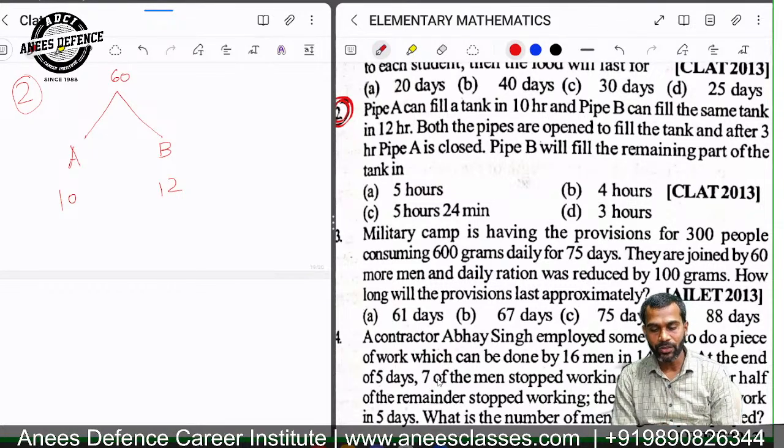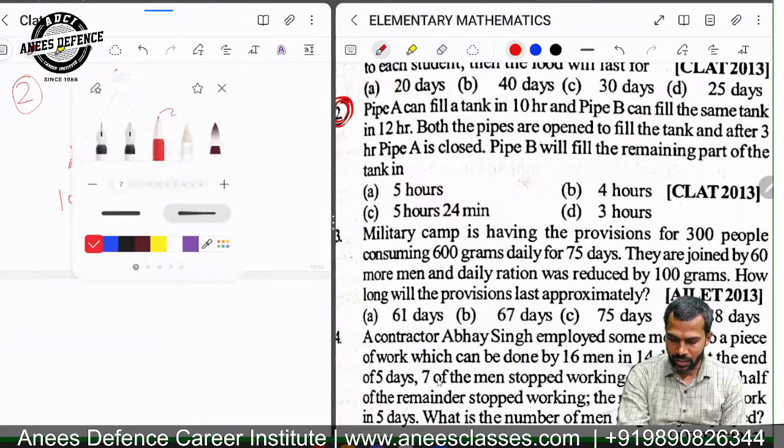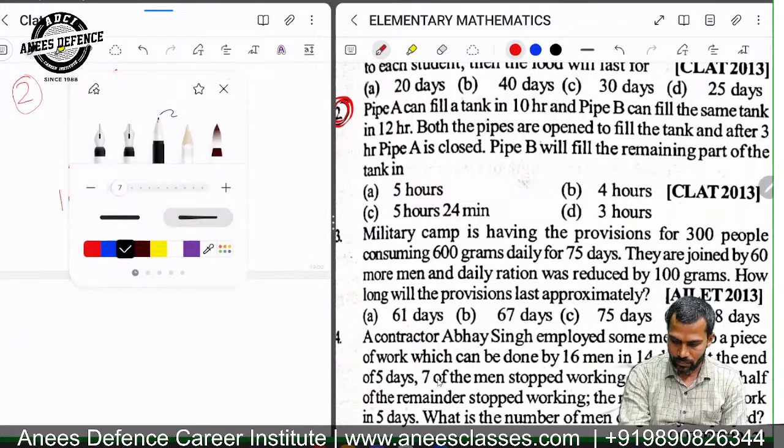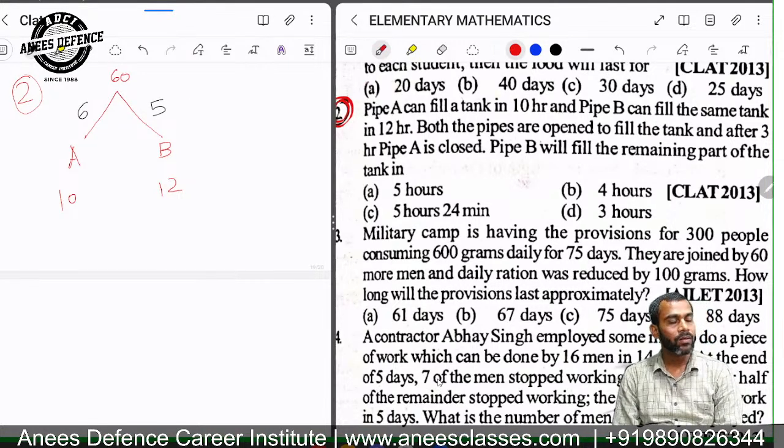So if A fills the tank completely in 10 hours, what would be its efficiency, or in 1 hour how much will it fill? 6 units. Why 6? The capacity of the tank is 60, and it takes 10 hours, so in 1 hour it fills 6. So I'm writing efficiency here: 6, and for B, 5. Yes or no?